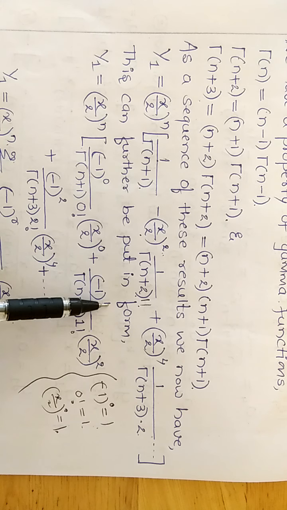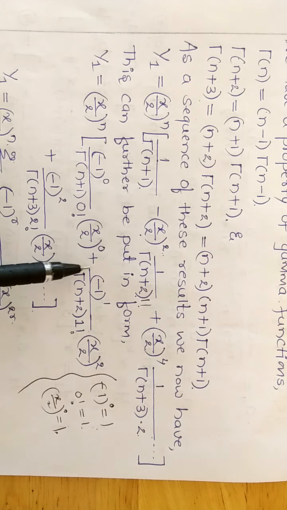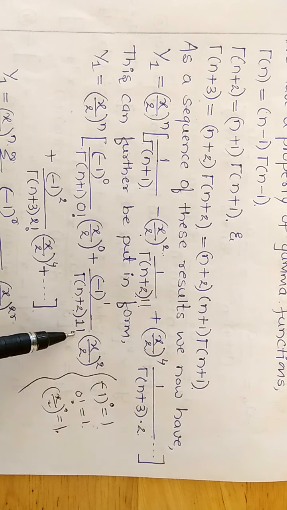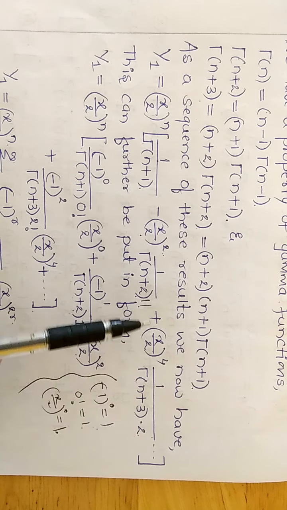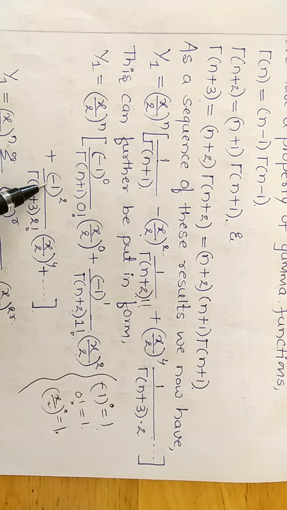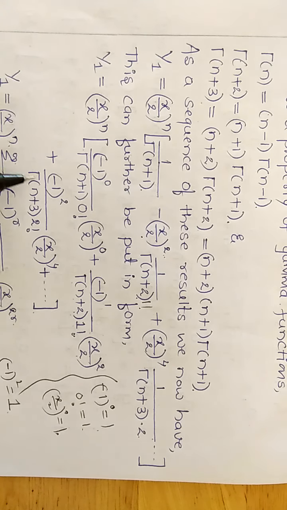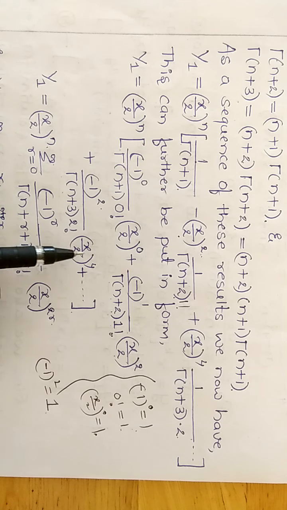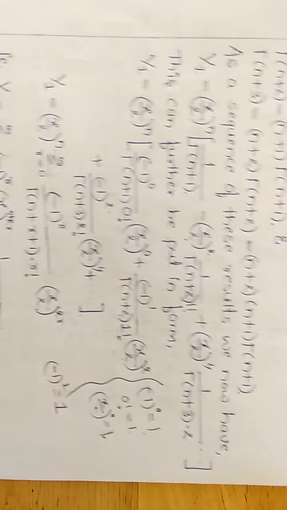Minus 1 raised to 1 is minus 1, whole divided by gamma of n plus 2 into 1 factorial, x by 2 to the power 2, plus minus 1 square, which is 1, divided by gamma of n plus 3 into 2 factorial, x by 2 to the power 4, plus and so on.